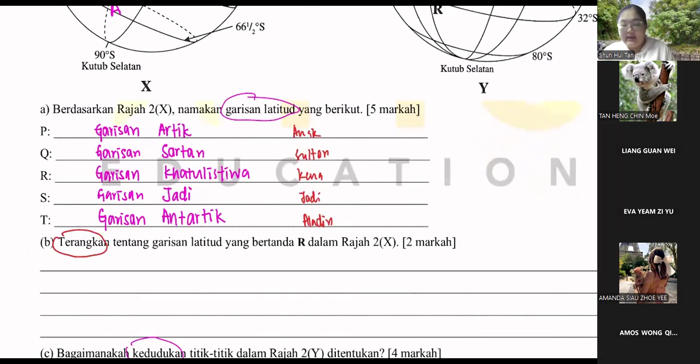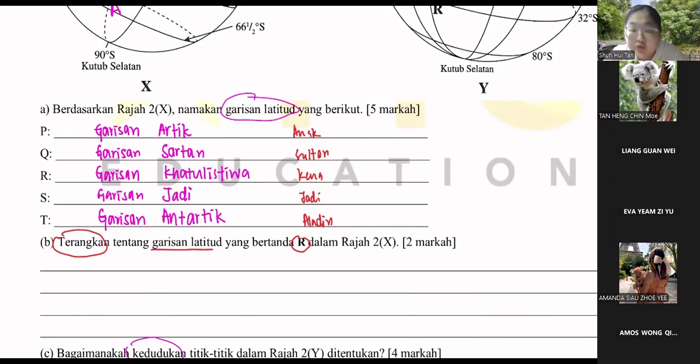Now, terangkan means you must have an explanation. They ask you, explain garisan latitude R. R is what? Khatulistiwa. They might ask you to explain khatulistiwa, or they ask you ciri-ciri, or kegunaan, fungsi, which is the same.